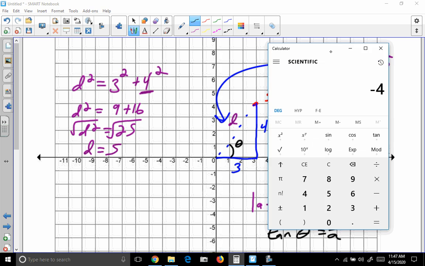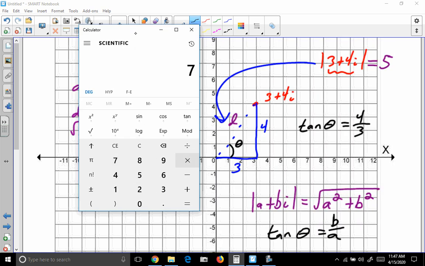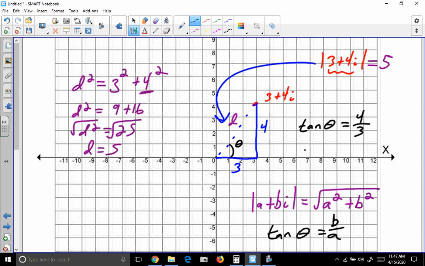So if we do inverse tangent of 4/3, we get 53.1 degrees. We just have to make sure that that is pointing in the right direction. And yes, from here, that direction is about 53.1 degrees.